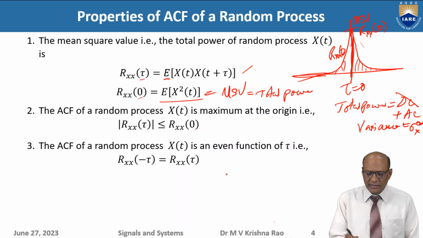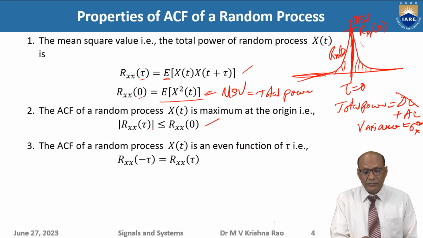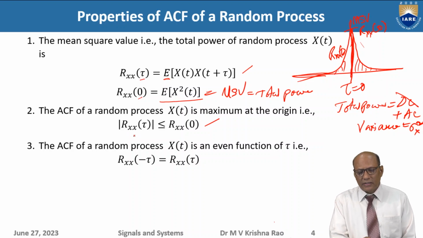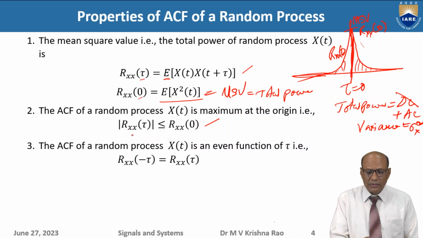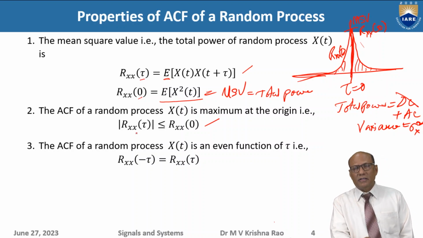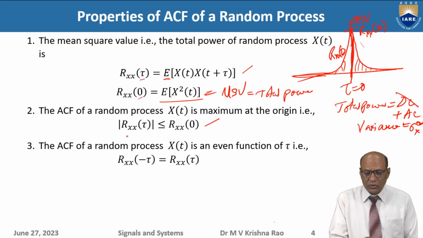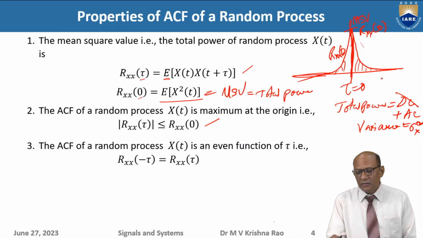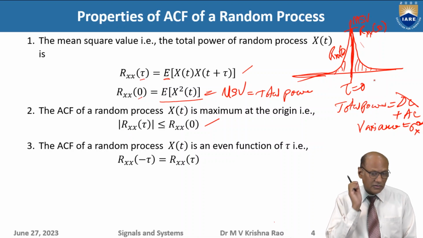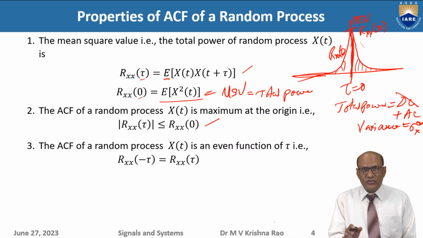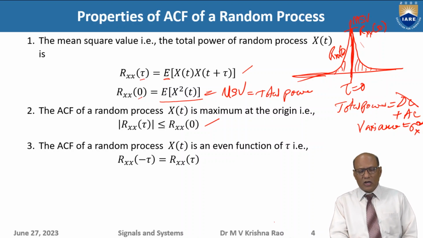Mathematically it can be written using the modulus, because I am taking both negative and positive values. Sometimes the autocorrelation can be negative for some points. That's why you take the absolute value, especially because in general I will take a complex signal.